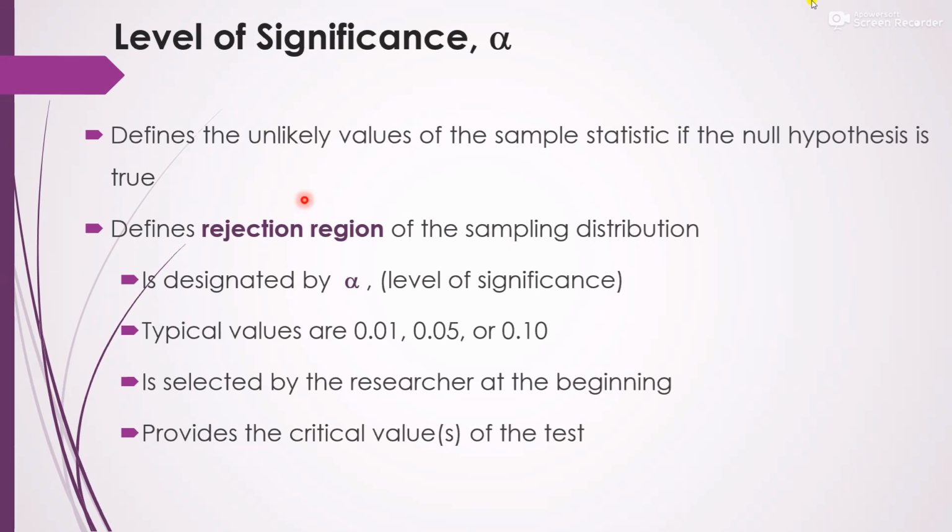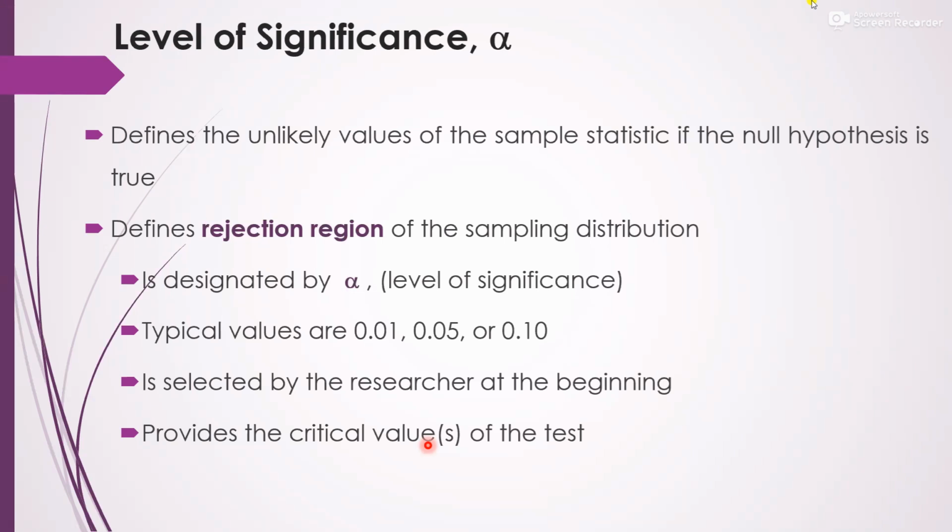It defines the rejection region and is used to decide the critical value. The critical value is the border point. Beyond these values are the unlikely values, and within that region are the likely values.